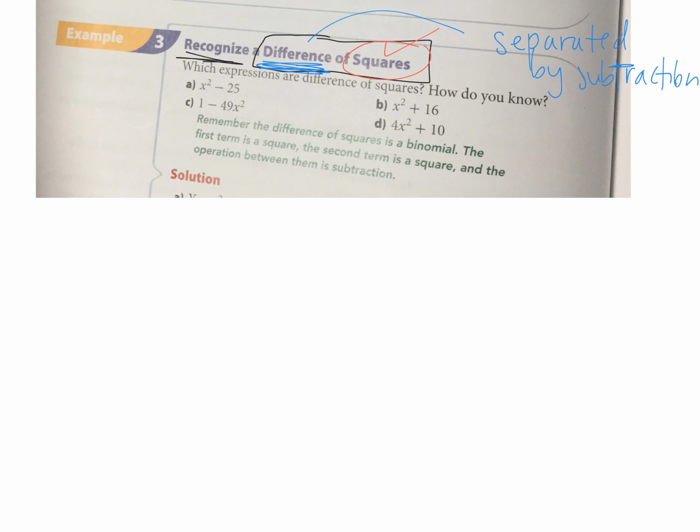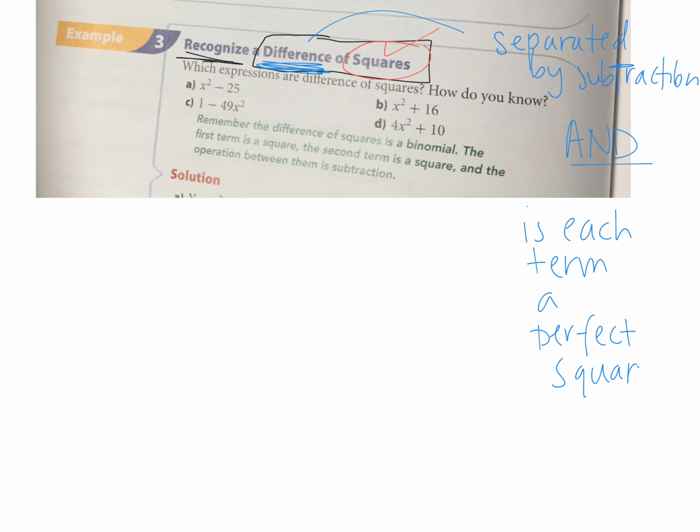So we have to check to see, is it separated by subtraction, and is each term a perfect square? So we're going to go through this little checklist for each one, okay?